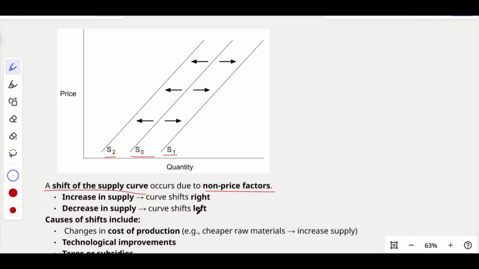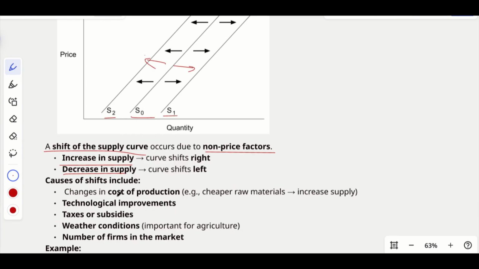Clear? So what will happen when the supply is increased? The curve will shift right. And when there is a decrease in the supply, the curve will shift left. Okay. So the causes of shift include, as we mentioned, cost of production, like cheaper raw materials available, increase in supply. Technological improvements, taxes or subsidies. If the government reduces the taxes or any tax relaxation is provided, or any subsidies are announced, etc. And weather conditions.